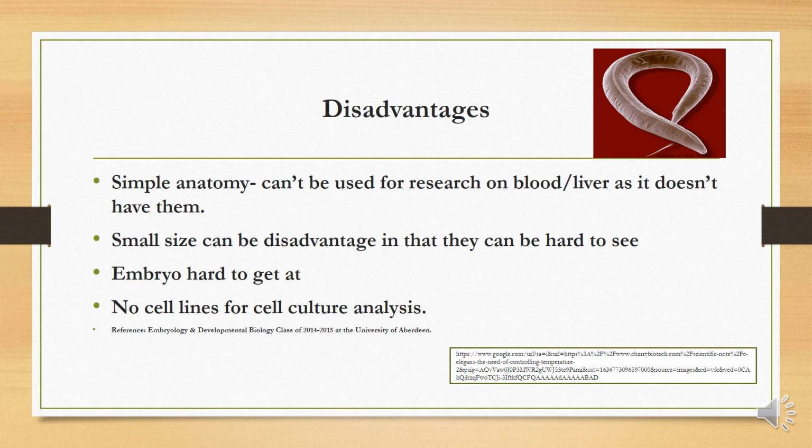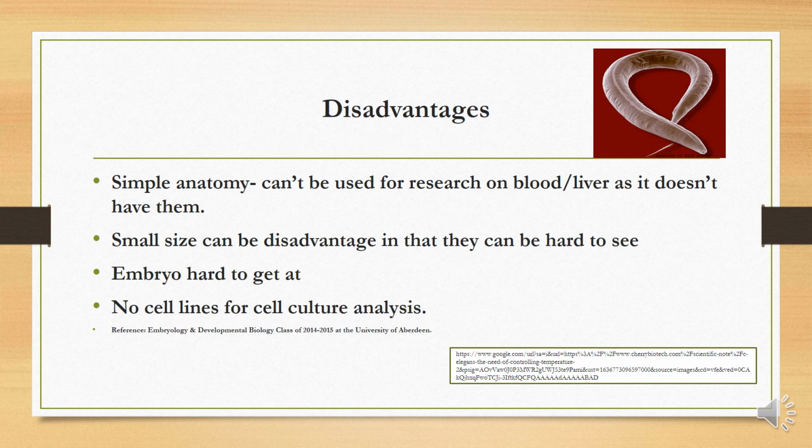Now, as there are most of the advantages, some disadvantages are also there for using C. elegans as a model organism. It has a simple anatomy, that is, it can't be used for research on blood or liver, as it doesn't have them.